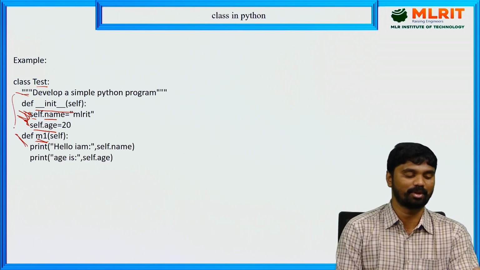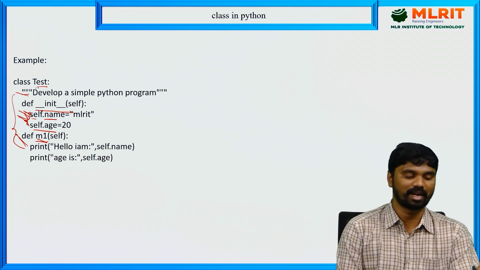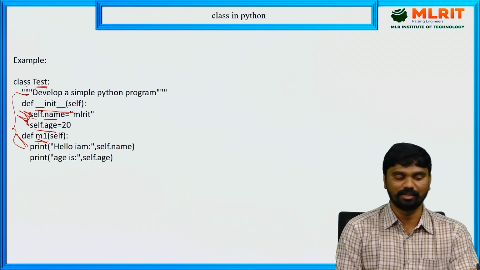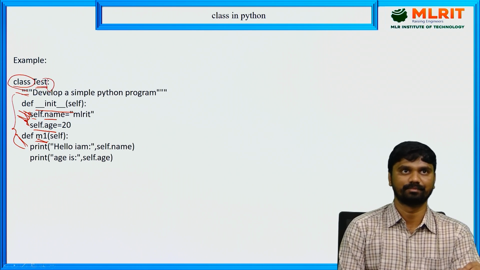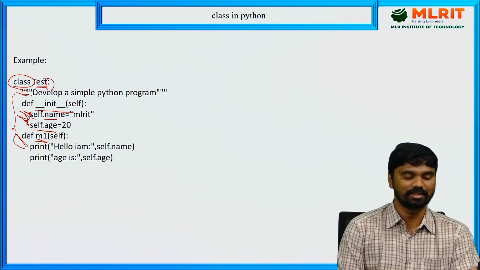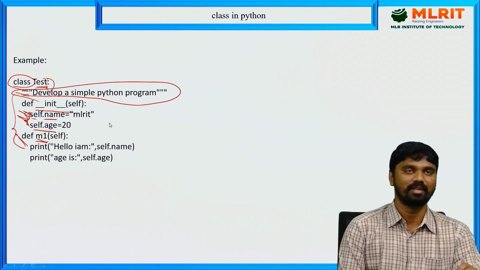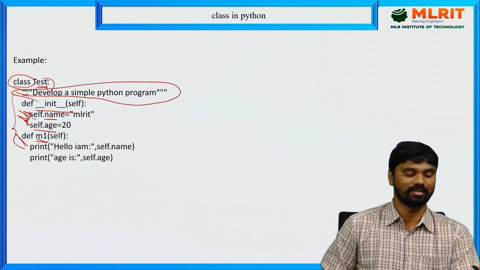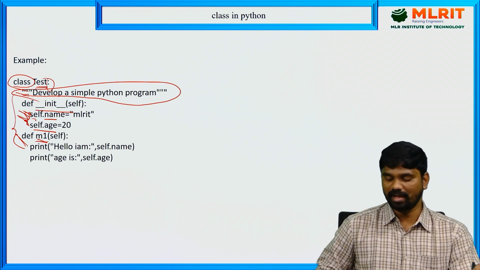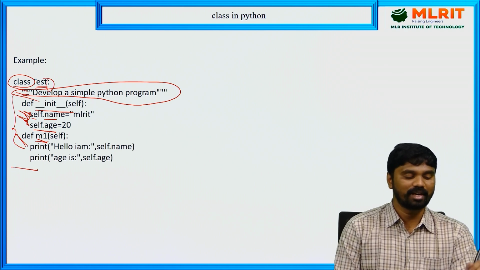That is why I kept this example. The class is defined using the class keyword followed by a colon, and then the documentation string, which represents a description about the class. This is the class program.